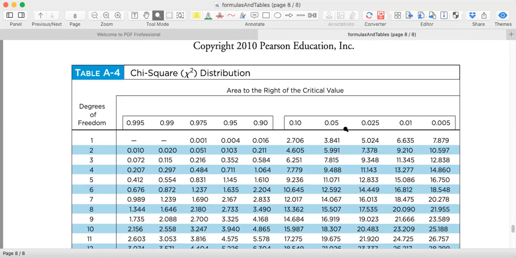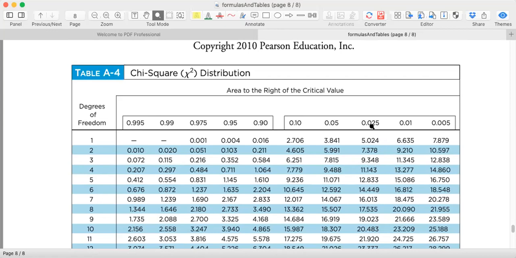And remember what's happened here. Alpha is 0.05. And half of alpha gets put out into each tail, and we need to find the critical values that give us that much area in that particular tail. So the area to the right of the right critical value is half of alpha, which is 0.025.